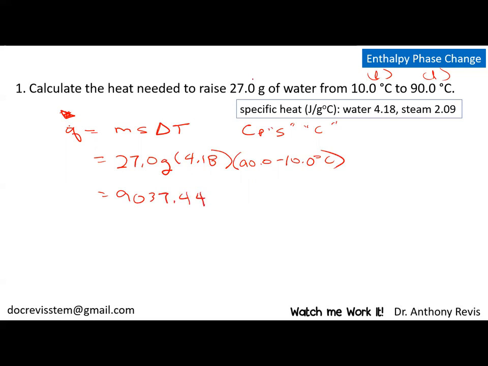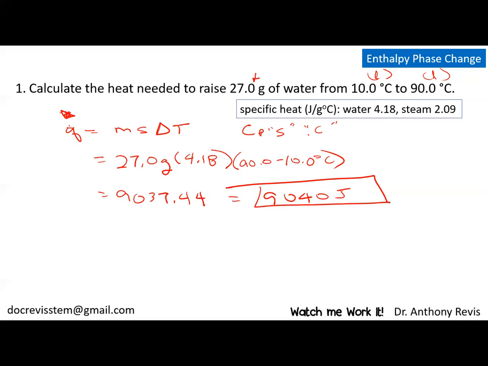And then since we started with 3 sig figs here, our final answer is going to be 9040, and the units are going to be joules.